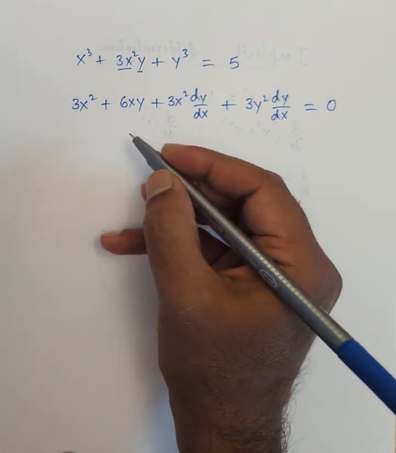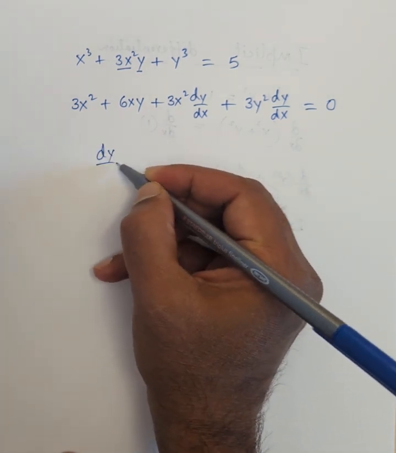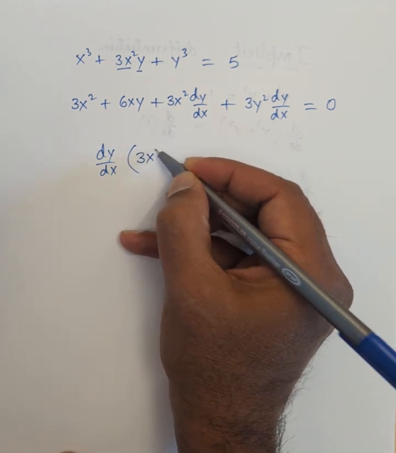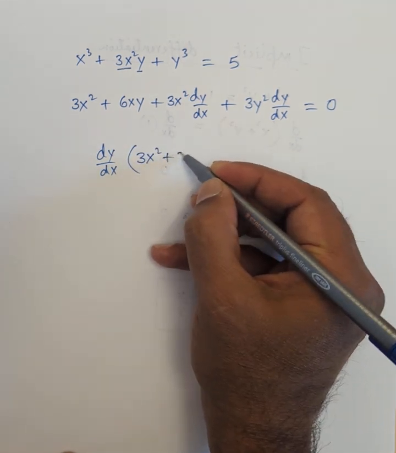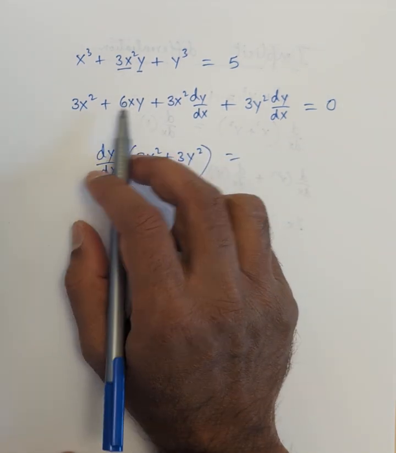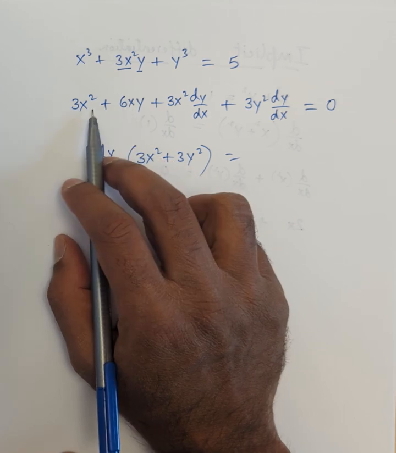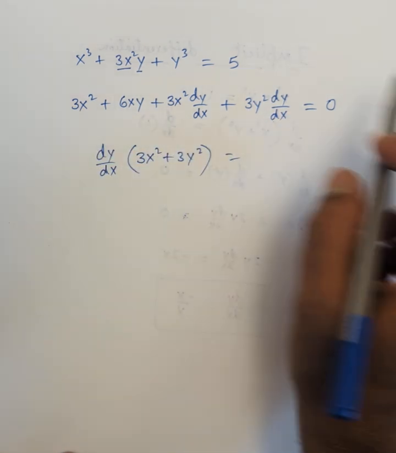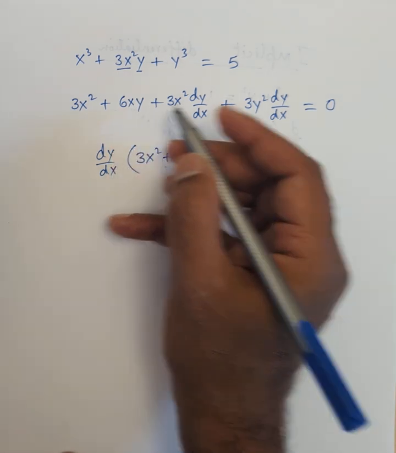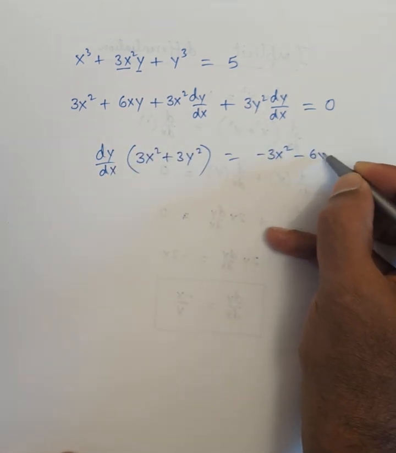So now let's collect all the dy over dx terms on the left. So I have 3x squared here plus 3y squared. And let's move the other terms that don't involve dy over dx to the other side. When you move them to the other side, they become negative 3x squared, and negative 6xy.